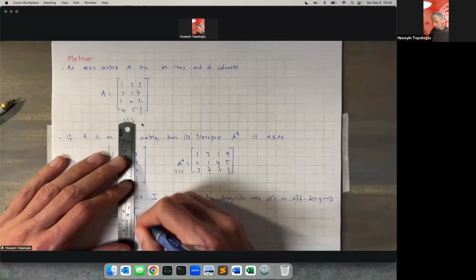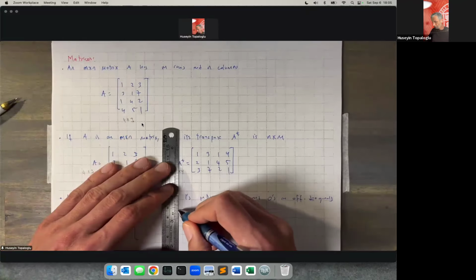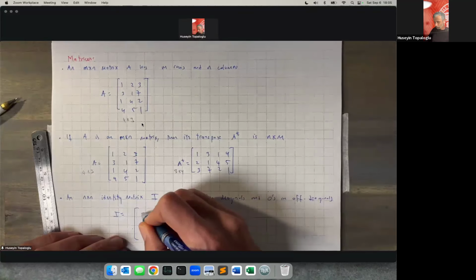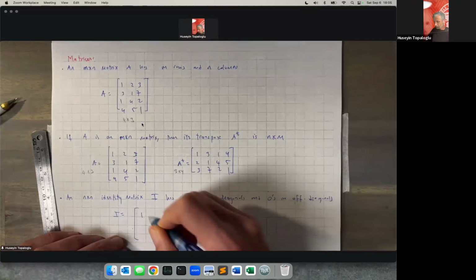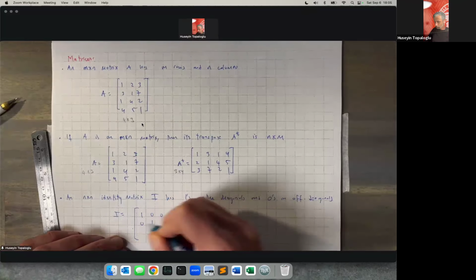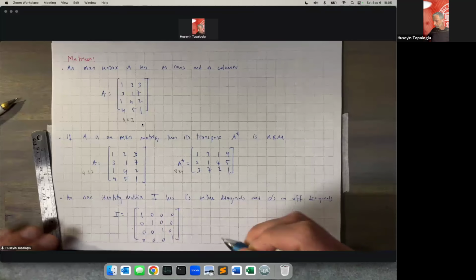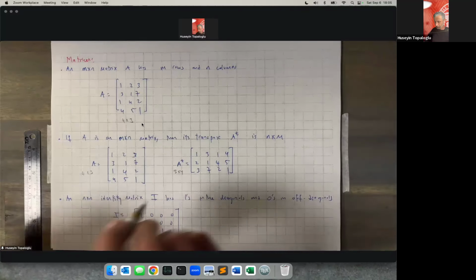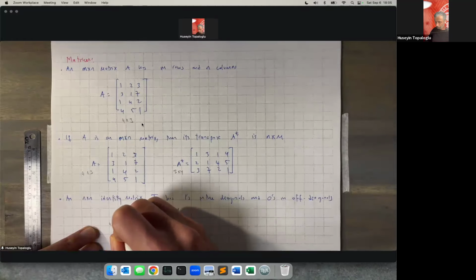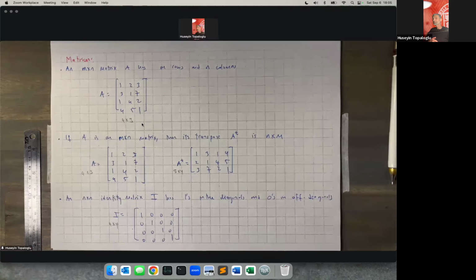Here's an example of a 4 by 4 identity matrix: ones in the diagonals and 0 everywhere else in the off diagonals. And this is again a 4 by 4 identity matrix. Great.